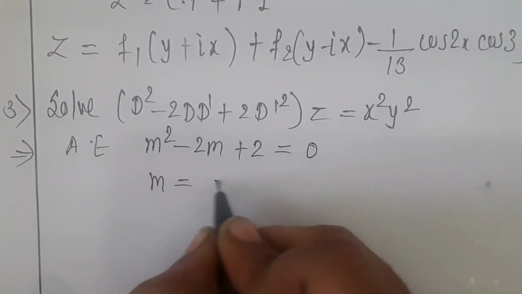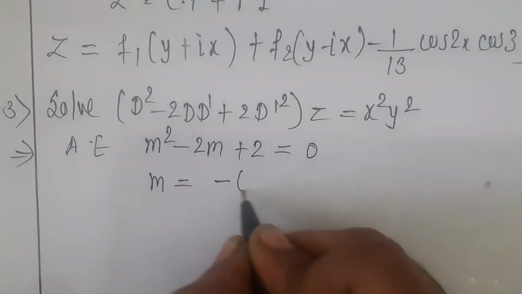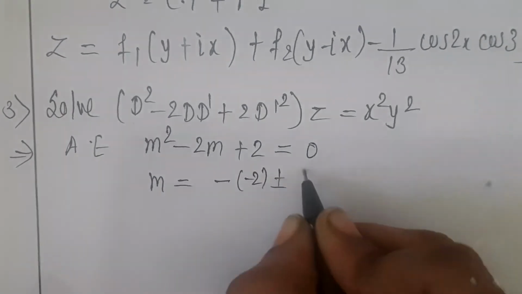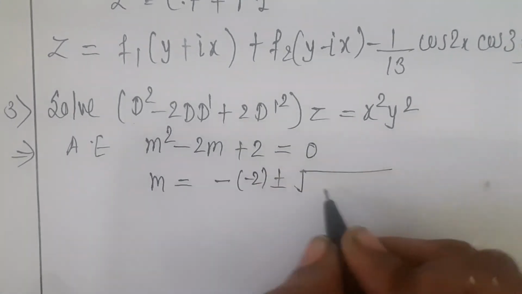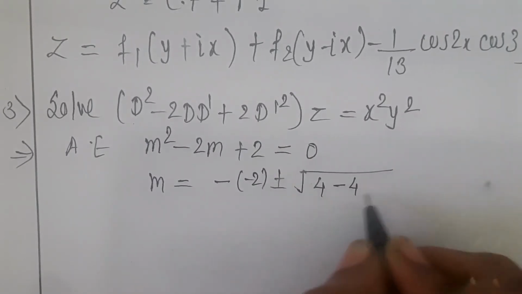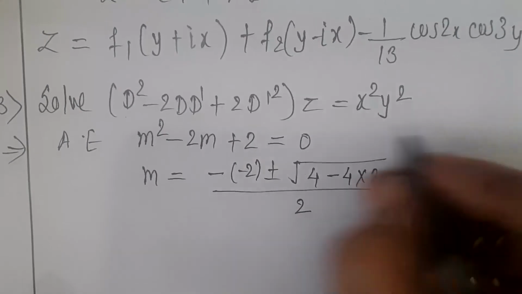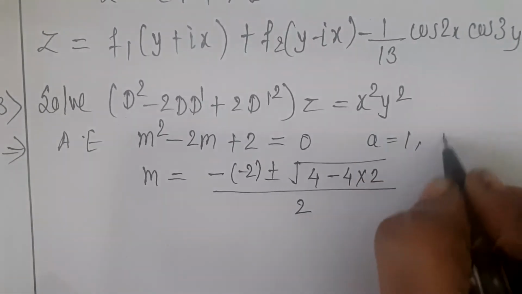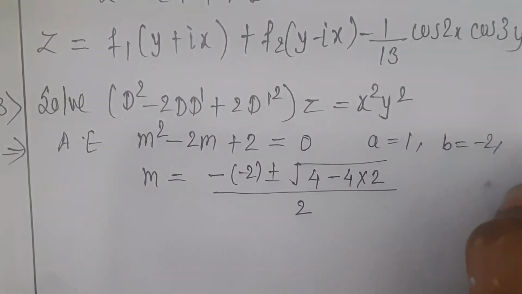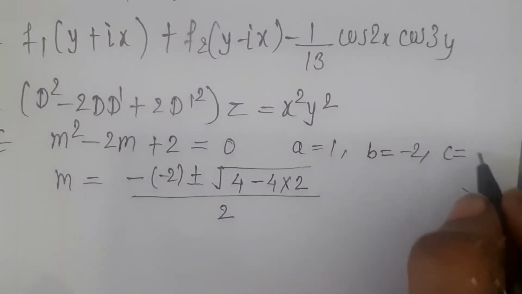m is equal to minus b plus minus square root of b square minus 4ac divided by 2a. So here the values of a, b, c are 1, minus 2 and 2.